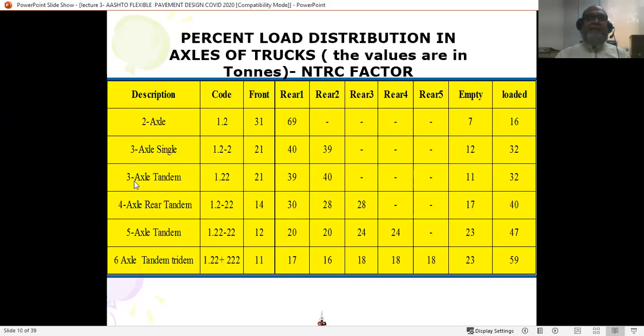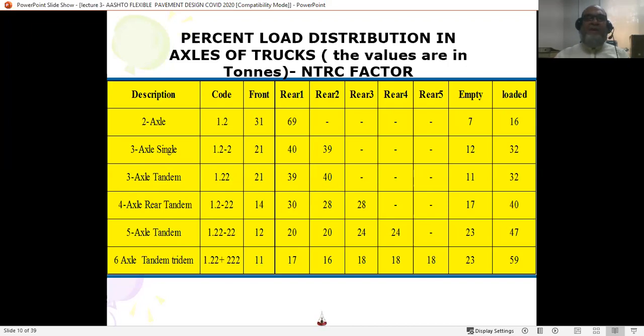Then there is a 3-axle tandem. It's a single unit truck in which the front has a single axle and there is a tandem axle. So there is 21% on the front, and when we calculate the load, we combine the load percentages of the tandem axles because they are located together.